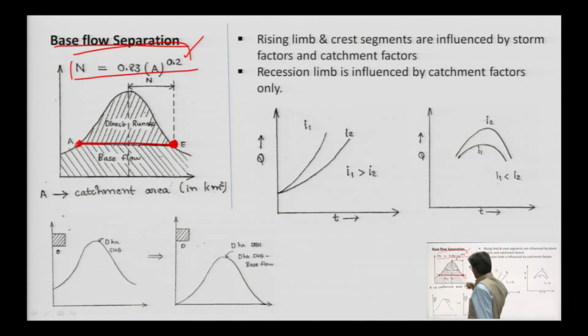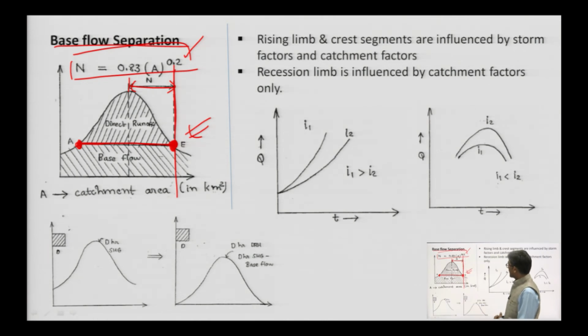Point A is defined, but the identification of point E is difficult. So, from the peak point, find out this distance, drop the intercept, and the intercept point represents point E. So, it will be separated out.